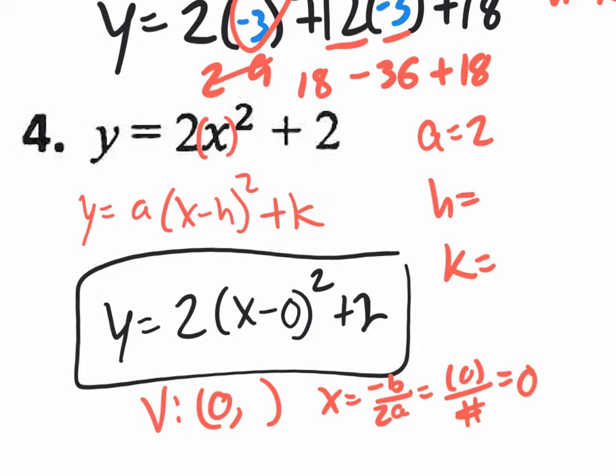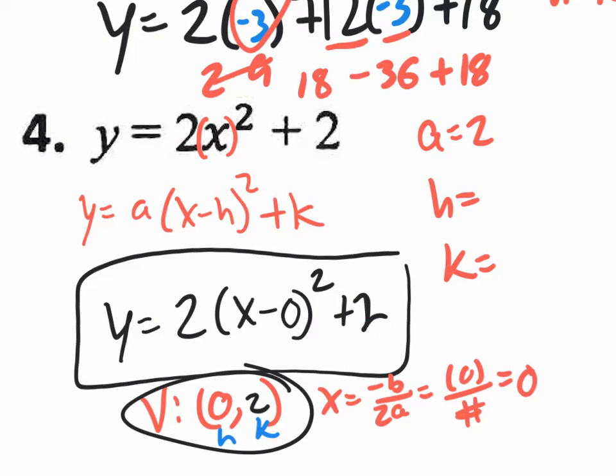And your K value would be what? Well, if you plug in 0 into here, 0 squared times 2, that's going to be 0. 0 plus 2, your K value will be 2. So if you did plug in your 0 and got out a 2, that'd be your vertex, which means that your H is 0 and your K is 2, which when you plug it in, the H goes right here, the 0 goes right there, and the K goes right there, so you'd end up with the same thing.